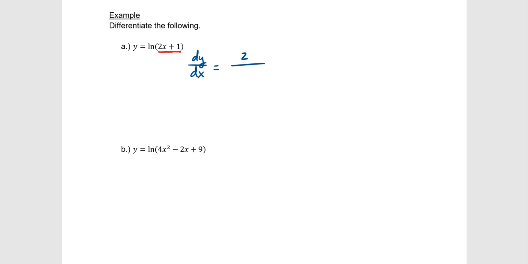And we divide that by 2x plus 1. So g prime over g, 2 over 2x plus 1. And that's actually all we can do, so that is our derivative. So it's pretty simple if you know the rule. If you don't know the rule, you just really cannot do it.